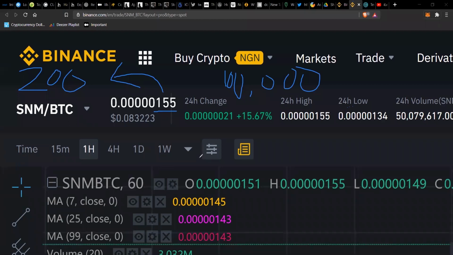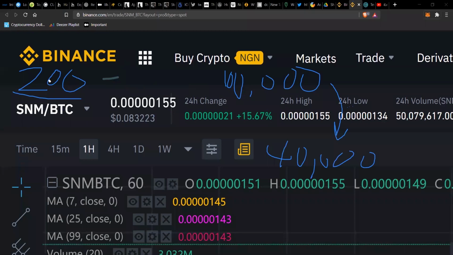But let's say when I sold it was when Bitcoin had dumped to like $40,000. So even though I'm at profit with respect to the Bitcoin value, I am at loss with respect to the dollar value.